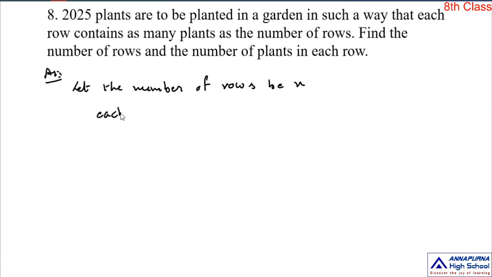So each row contains x number of plants. Okay, so in that garden totally how many plants are there?